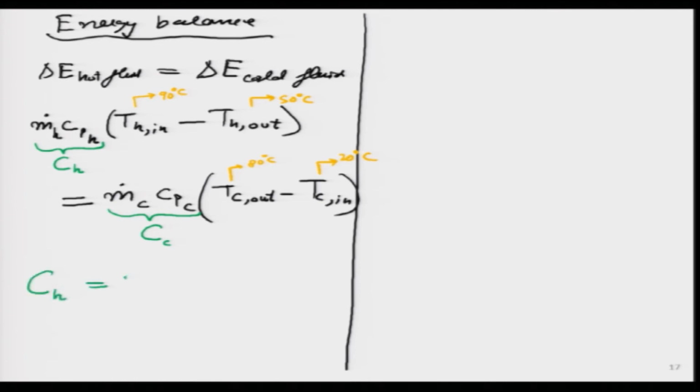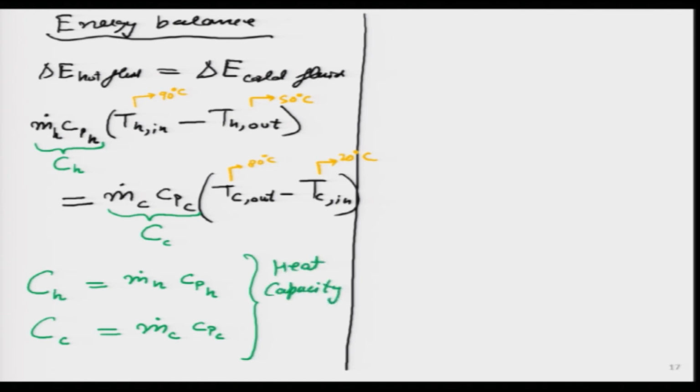Capital C H is m dot h into C P h, and capital C C is the same thing for the cold side. And all these capital C's we are calling the heat capacity rate. It could be either capital C H or capital C C, hot side or cold side.